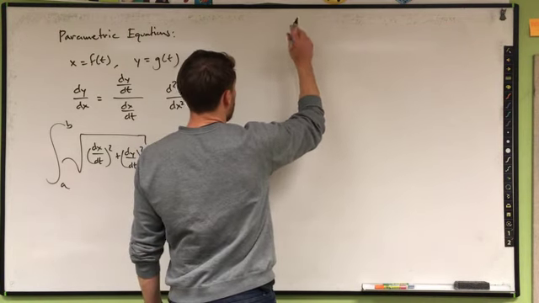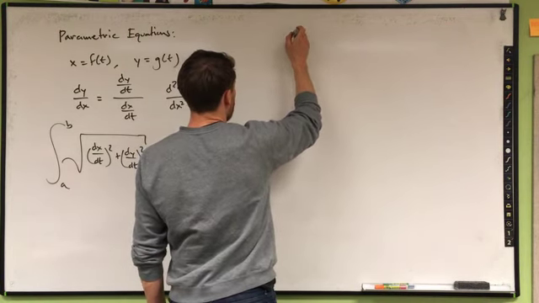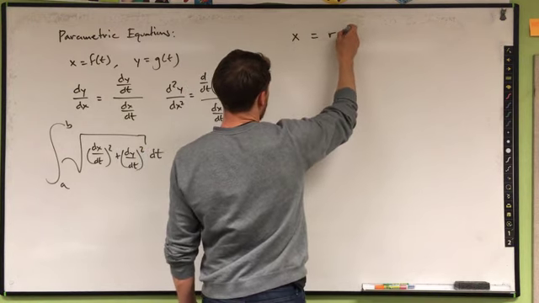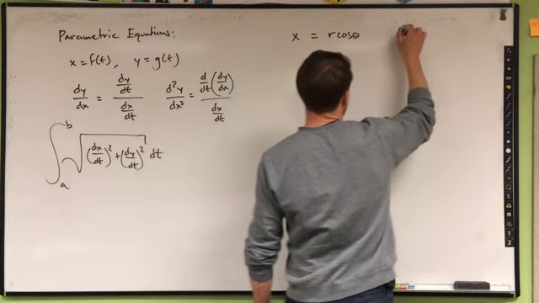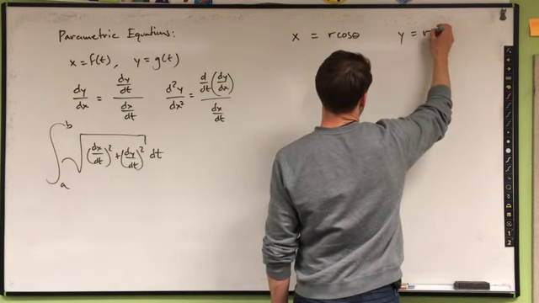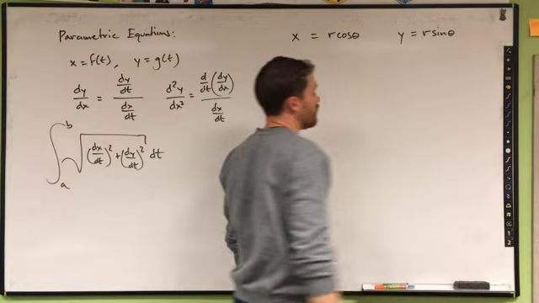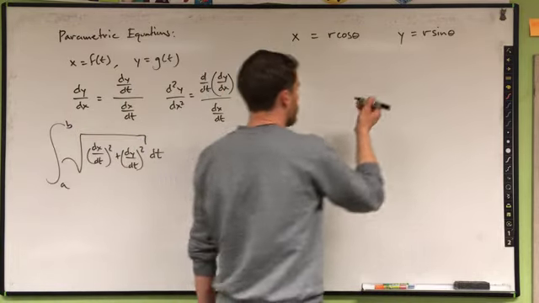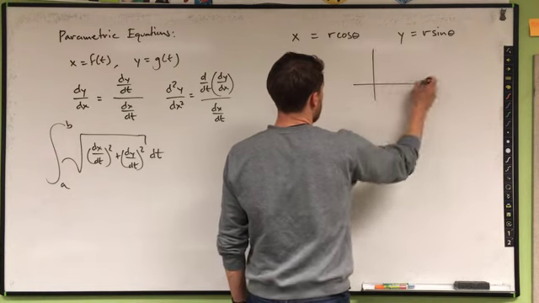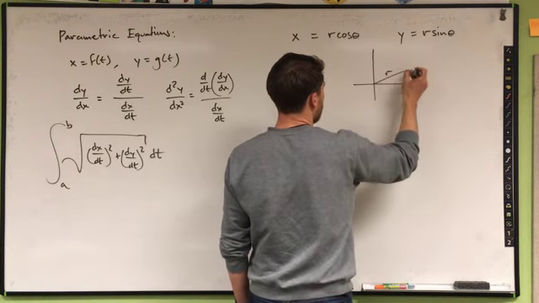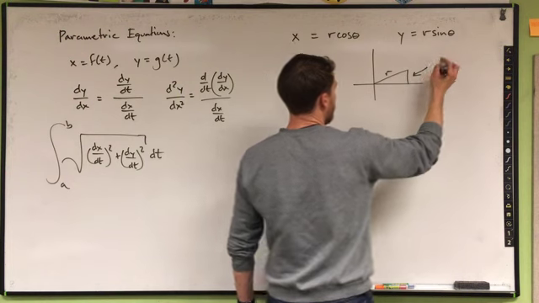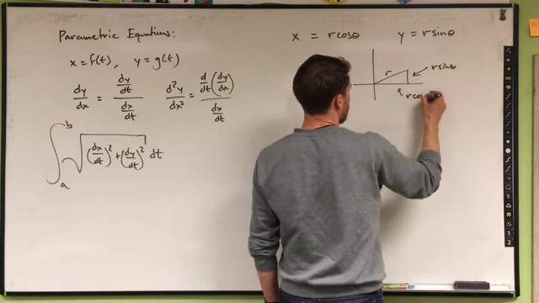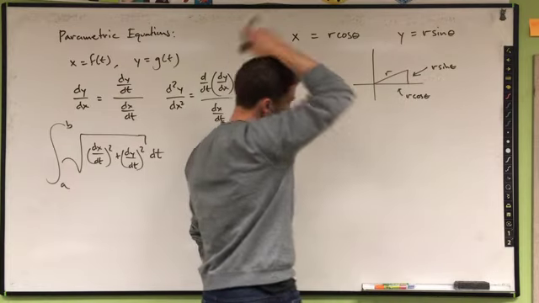For polar equations, you may recall that the x value is given by r cosine theta, and the y value is given by r sine theta. That's how you convert between polar and Cartesian coordinates. And that makes sense, because if your radius here is r, then this value right here is r times sine theta, and this value right here is r times cosine of theta. So that's where that's coming from.